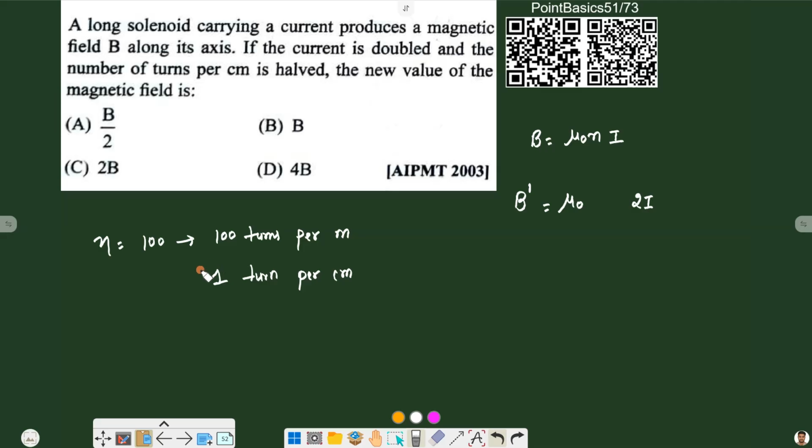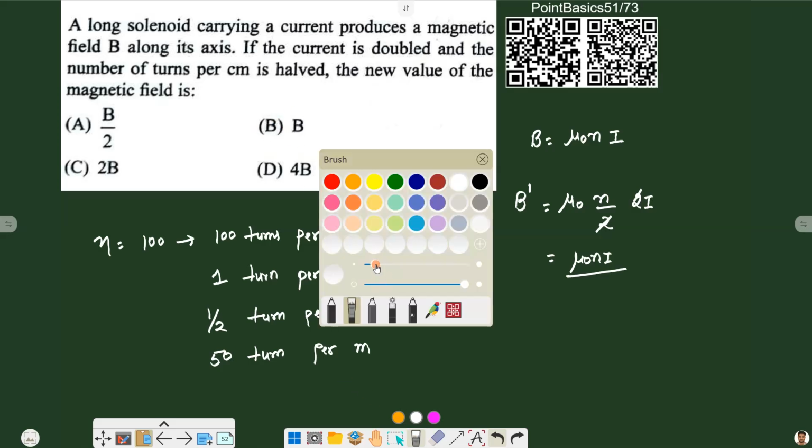Now, if we reduce this 1 turn per centimeter to half a turn per centimeter as per the question, then we get 50 turns per meter. So if we reduce turns per centimeter to half, then turns per meter are also reduced to half. So N becomes N by 2 and the magnetic field value will be mu naught N I, again the same as the previous one. So option B will be the right answer here.